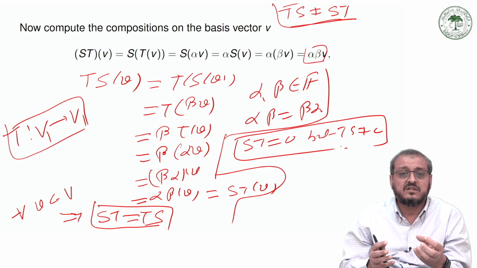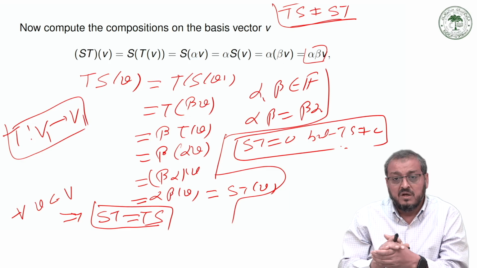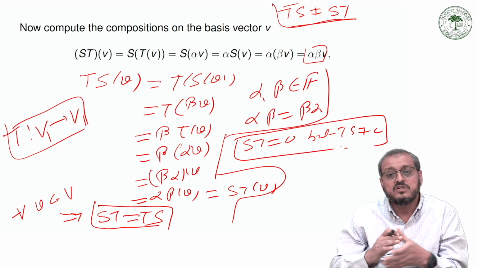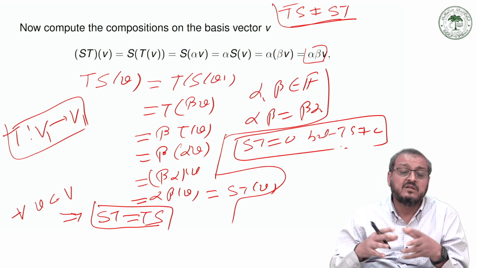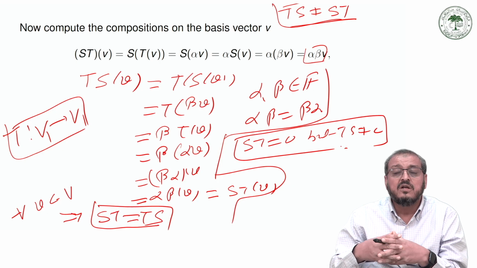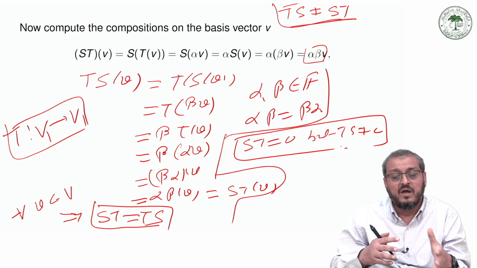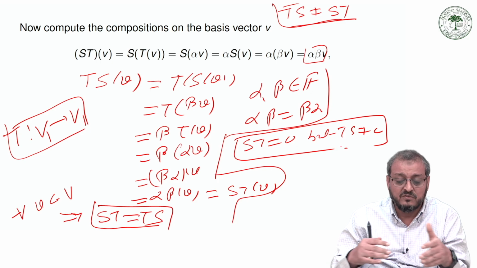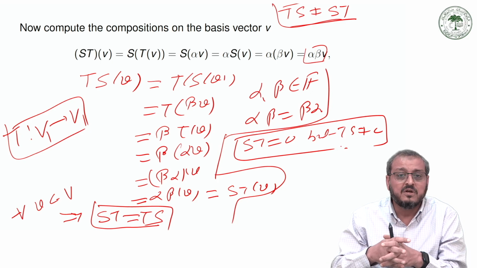We will look at the relationship of rank and nullity of a composition of linear transformations, and also how to find the inverse, and how to find the range, rank, nullity and kernel of the composition of a linear transformation. So we discuss all these problems in the next class, and in the next section we discuss some problems based on the composition of linear transformations.